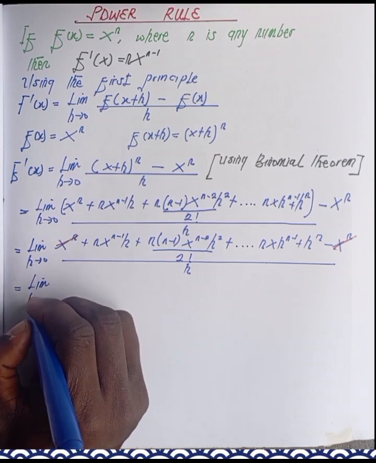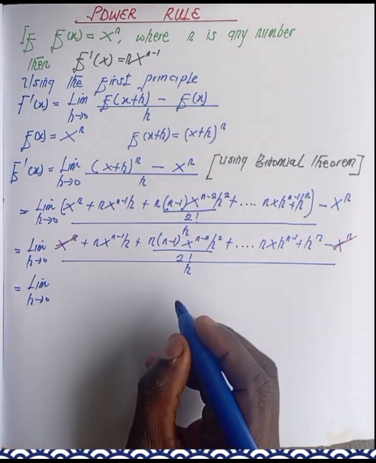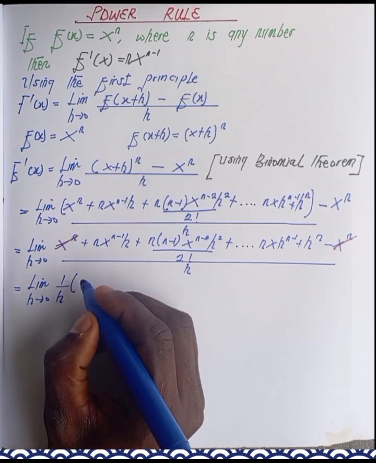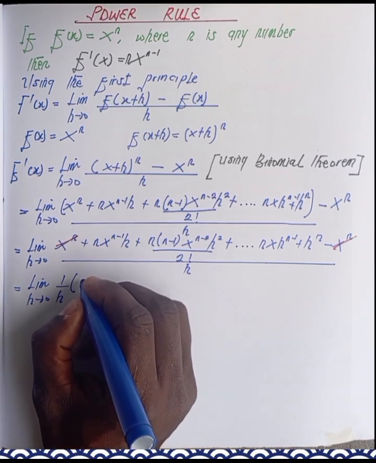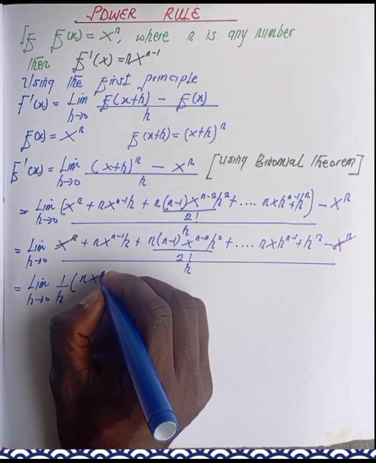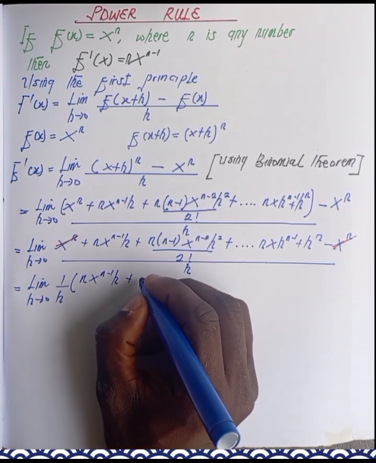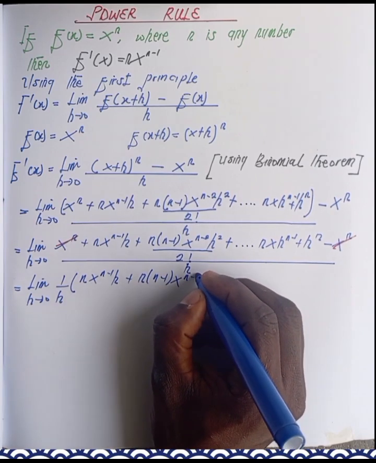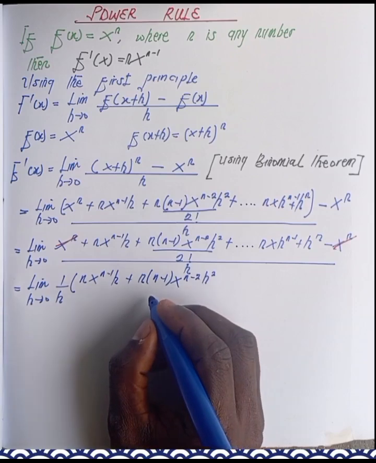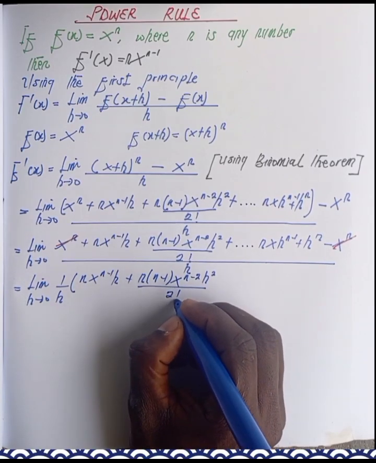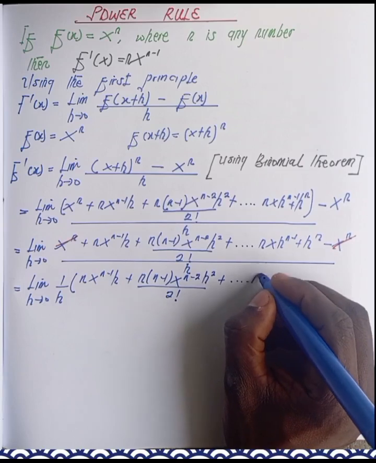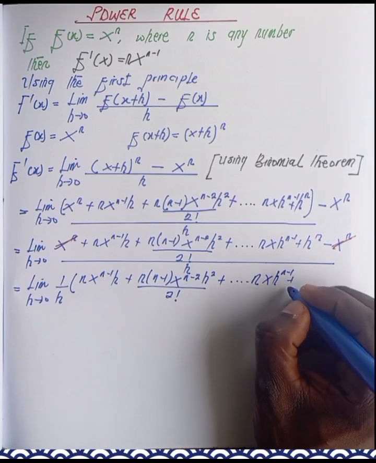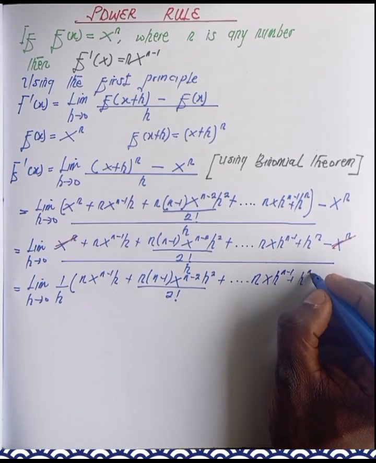the limit as h approaches 0. Let's bring the h in front so that we have something like this, and then bracket nx^(n-1)h plus n(n-1)x^(n-2)h^2 all over 2 factorial plus nxh^(n-1) plus h^n.